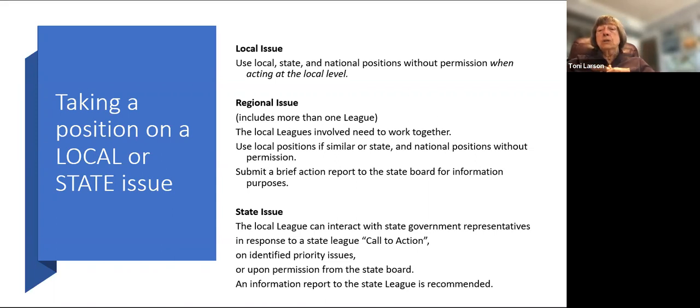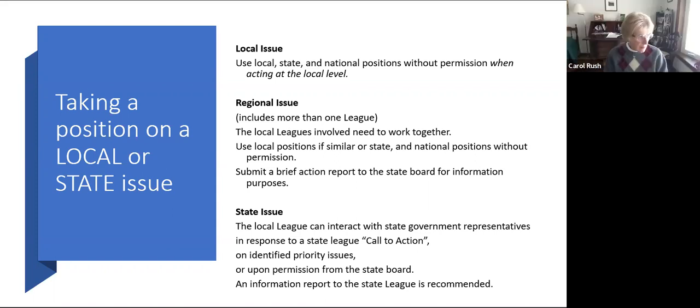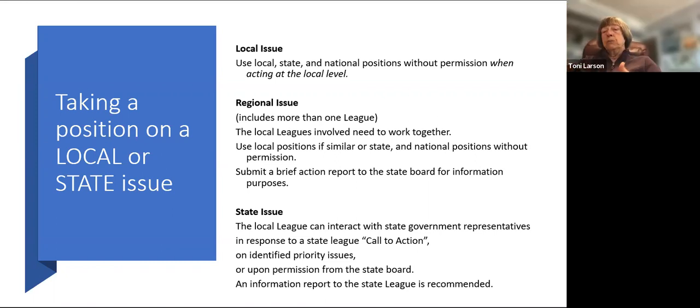So the state issue, the local league can interact with state government representatives in response to a state league call to action. So if the state league says, please do this, please write to your state legislator, you can do that since we've said it's okay.